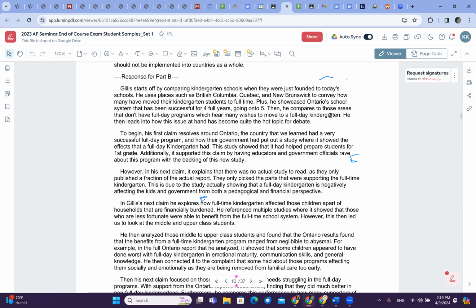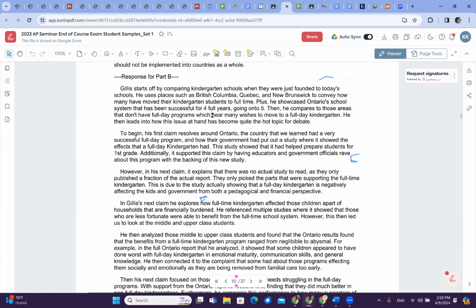Then he compares to those areas that don't have full-day programs, where many wish to move to full-day kindergarten. He then notes how this issue at hand has become quite a hot topic for debate. So they took the whole first page and they summarized it. Good job. And this will probably help you be able to analyze better.